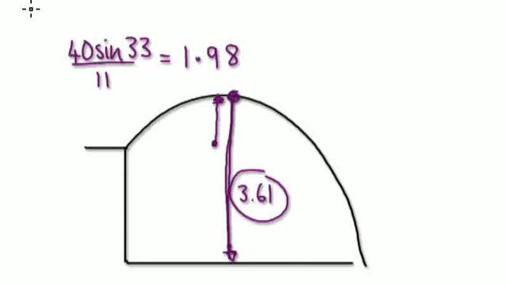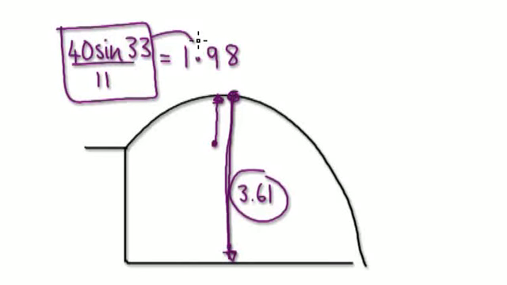Well, from earlier, we found that the time it takes to get to maximum height is given by this, and then work it out. So basically, it takes 1.98 seconds to get to the maximum height, and then it takes another 3.61 seconds to fall back down again.